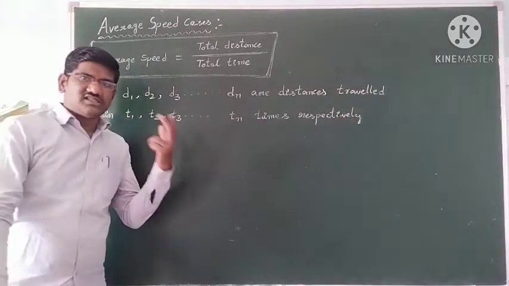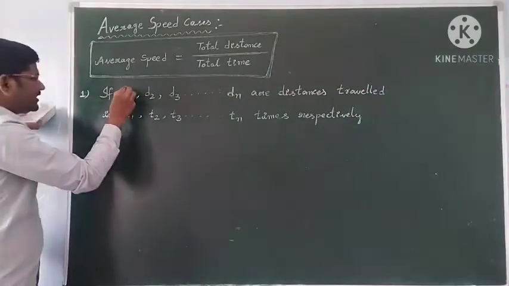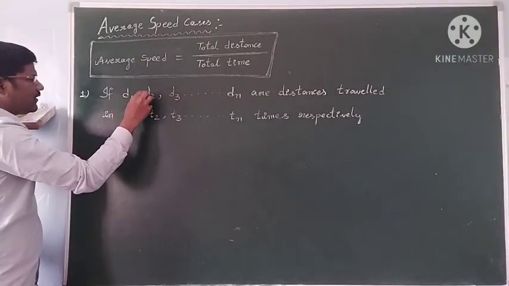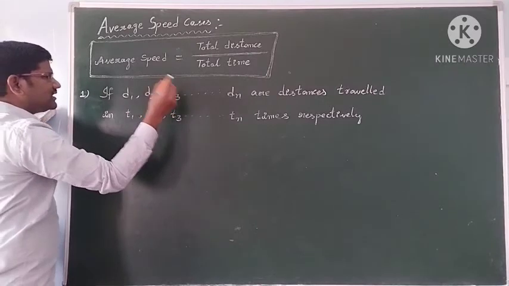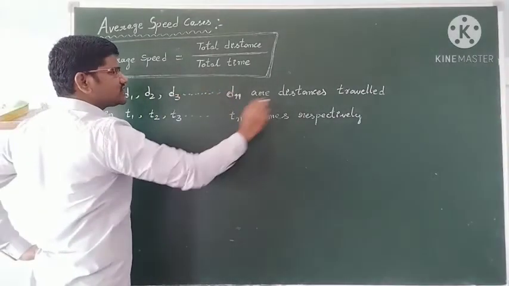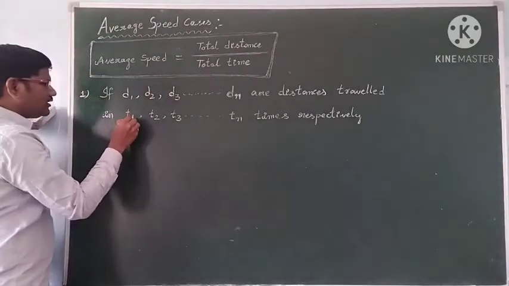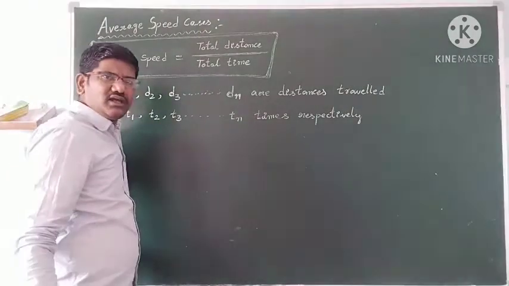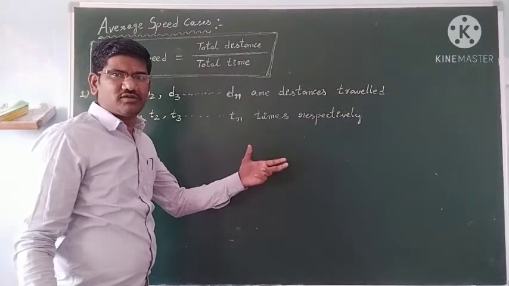An object is in motion and it is covering d1, d2, d3, so on dn distances in t1, t2, t3 and tn times respectively.